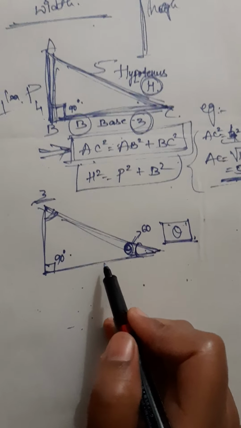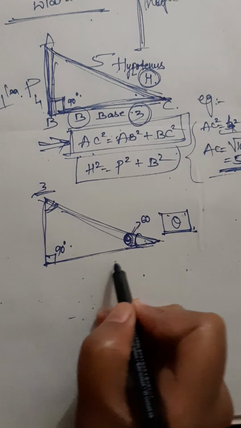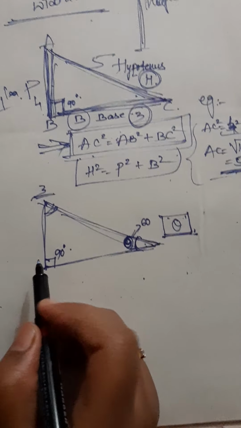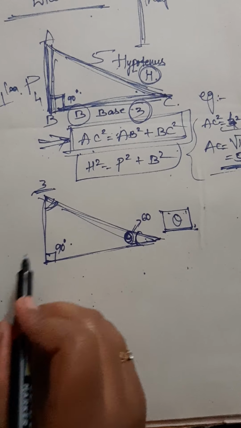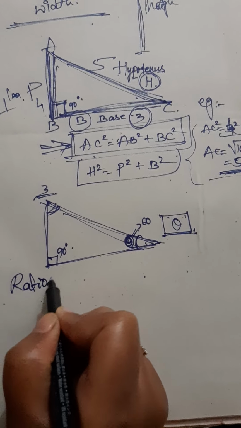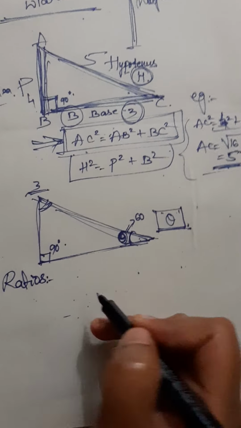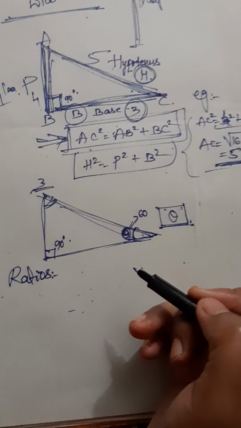Let's talk about one more important point, called trigonometric ratios. What do these ratios mean? We may have things like cos theta, sin theta, like that.